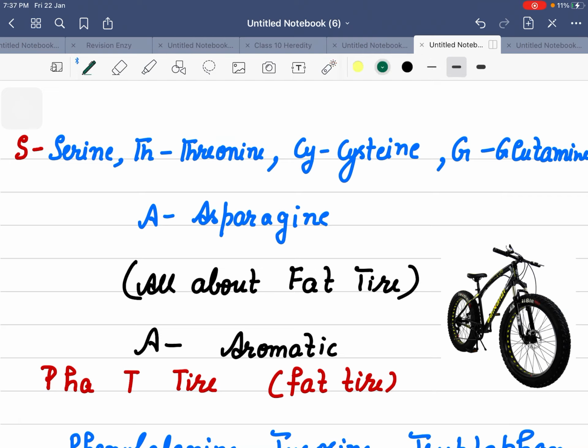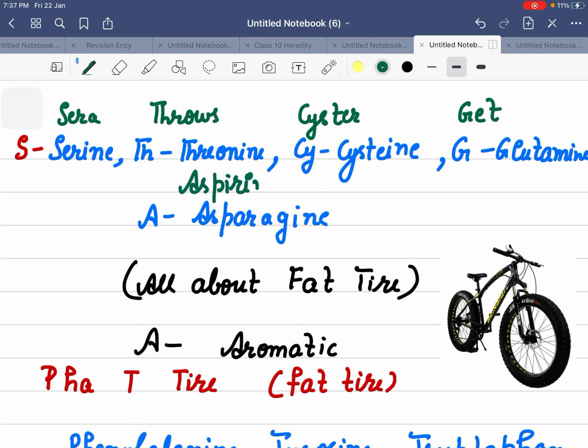Sarah, let me write here. Sarah throws her sister to get aspirin. Right? Now, these are our polar amino acids.